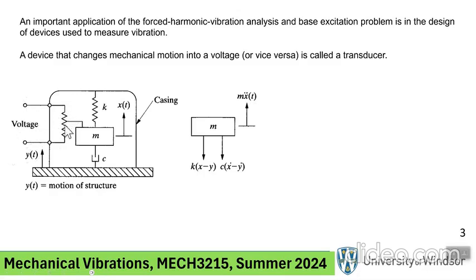So this resistance divided by the total resistance times the voltage difference. So in a sense, the relative displacement of the mass inside of that casing is proportional to the voltage produced from this point to that point.